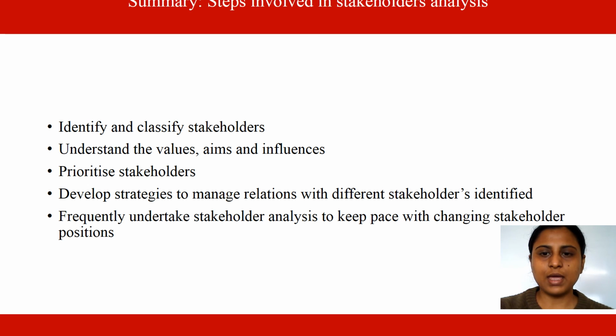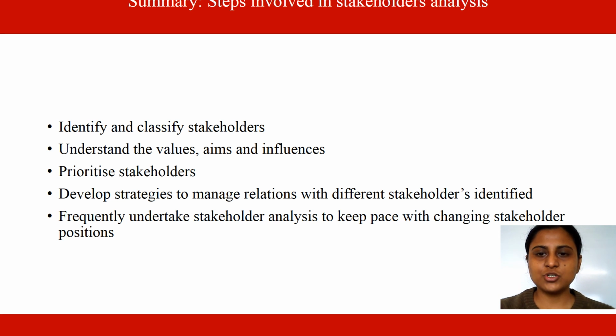So let's look at the steps involved in the stakeholder analysis process. First, we identify and classify the stakeholders. This can be done by using any framework, like here in the presentation, we have used Mendelow's matrix.